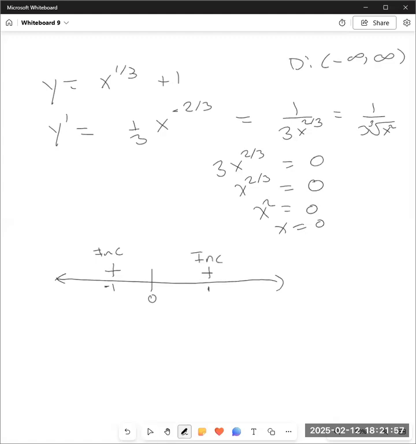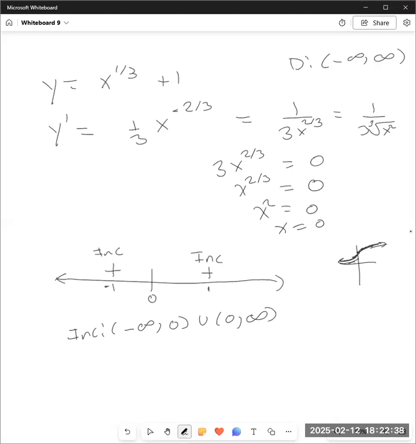So x to the 1/3 plus 1 looks like this, where it goes vertical for just a second, and it's increasing and then increasing again, increasing from negative infinity to 0, union 0 to infinity.